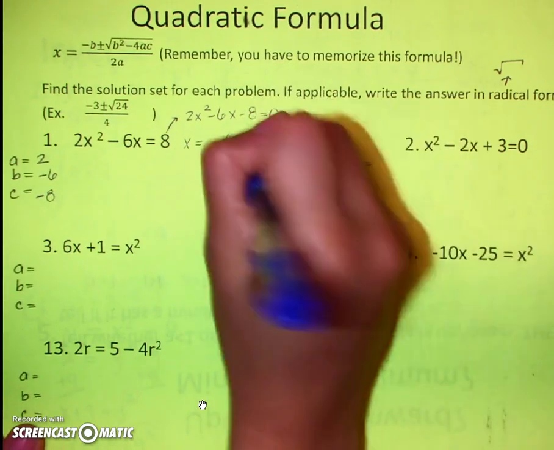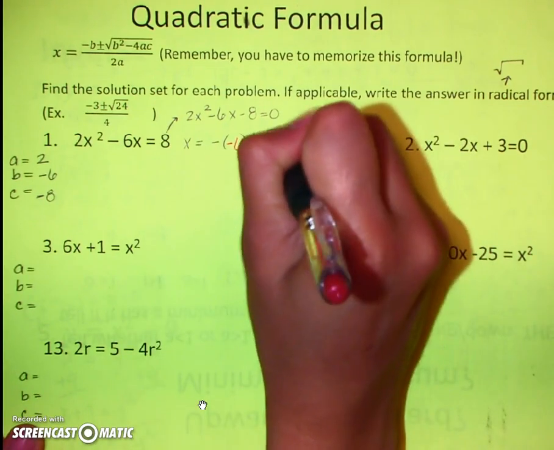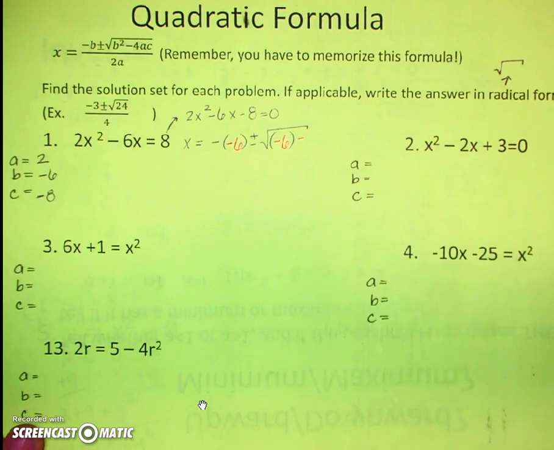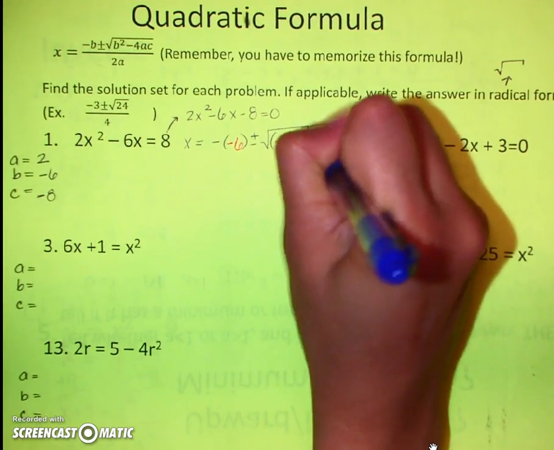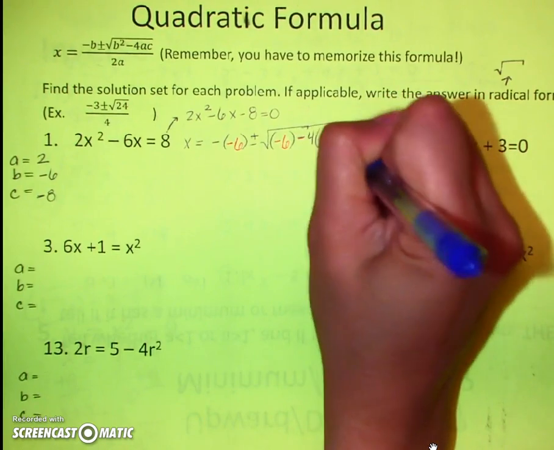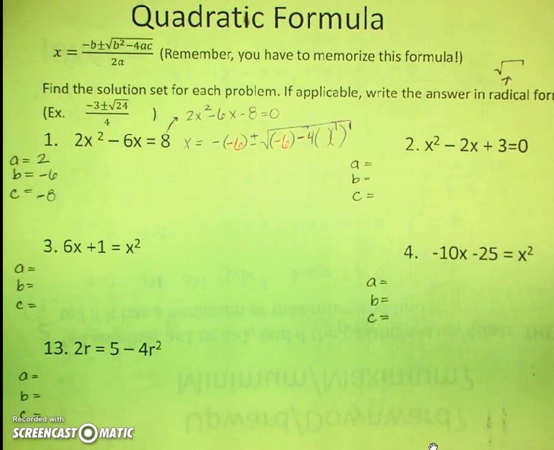Plus or minus the square root of b squared. What's the value of b again? -6, minus 4 times A times C. And I keep having to extend the square root symbol, the radical.